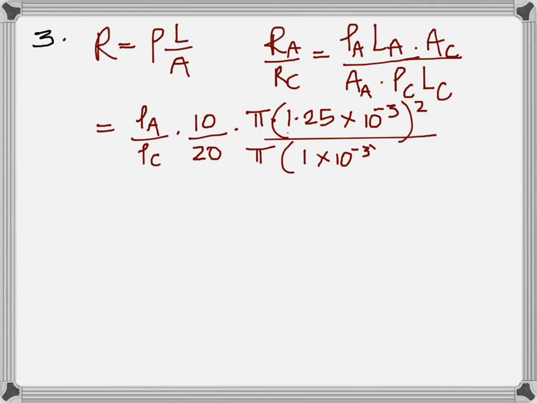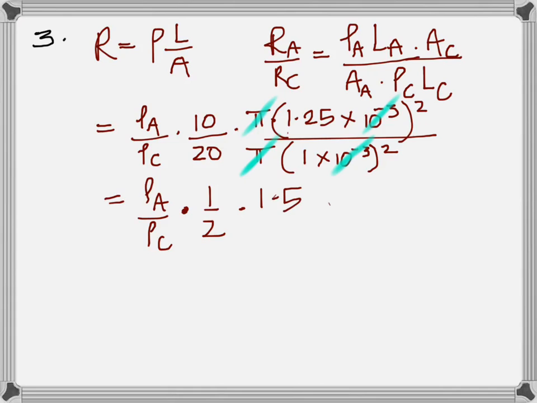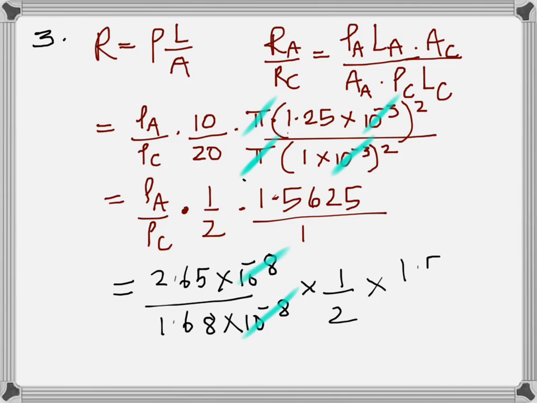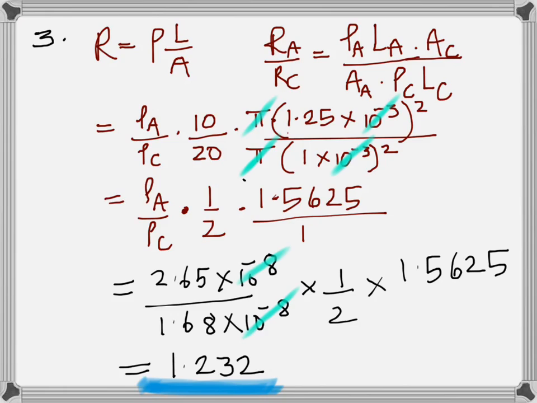And once you square that term and plug in the values for the resistivity of aluminum and the resistivity of copper, you finally get 1.232. It's just a ratio, no unit.